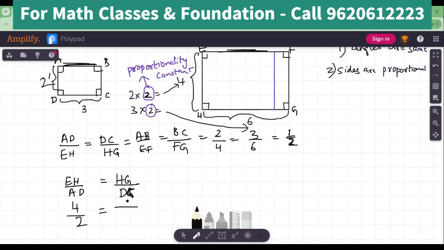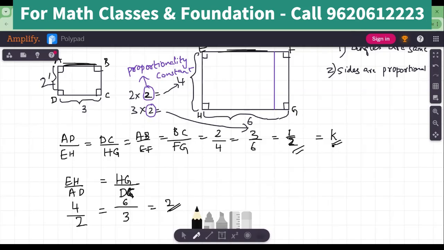That is same as HG is 6 over 3. That means 4 over 2 is nothing but 2, 6 over 3 is 2, right? So let it be 2 or let it be half. Basically, the proportionality constant should be same, right? So this proportionality constant, we give a name called K. And K means constant, basically.